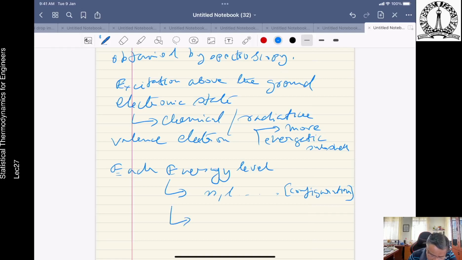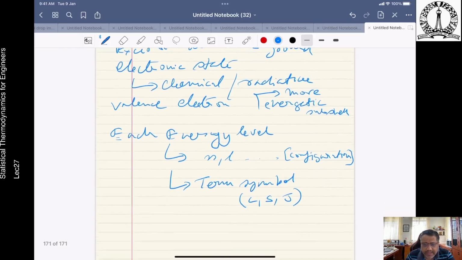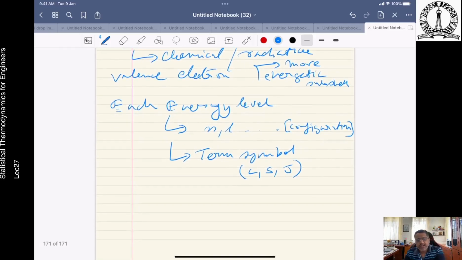And then we have the term symbol, which takes into account the interactions, which is L, S, and J. So the term symbol and the electronic energy can be listed. Similarly for simple elements, below Z equal to 40, can be written in this particular form.